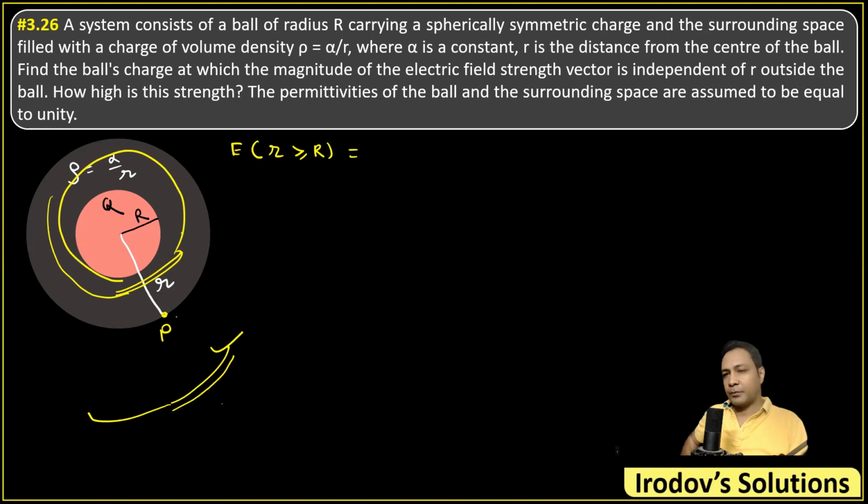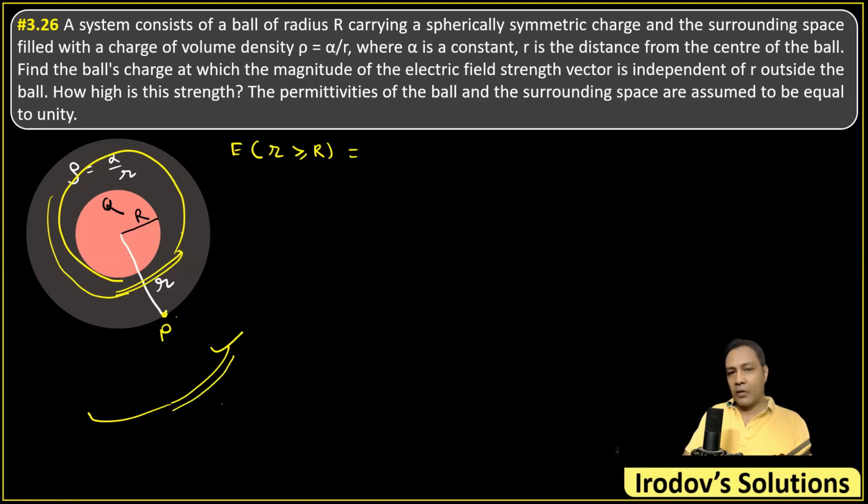We know that for a uniformly charged shell, the electric field inside it is 0. If I take a shell whose thickness is very small, the charge density would be constant there. So for all the charges outside P, the electric field at P will be 0.